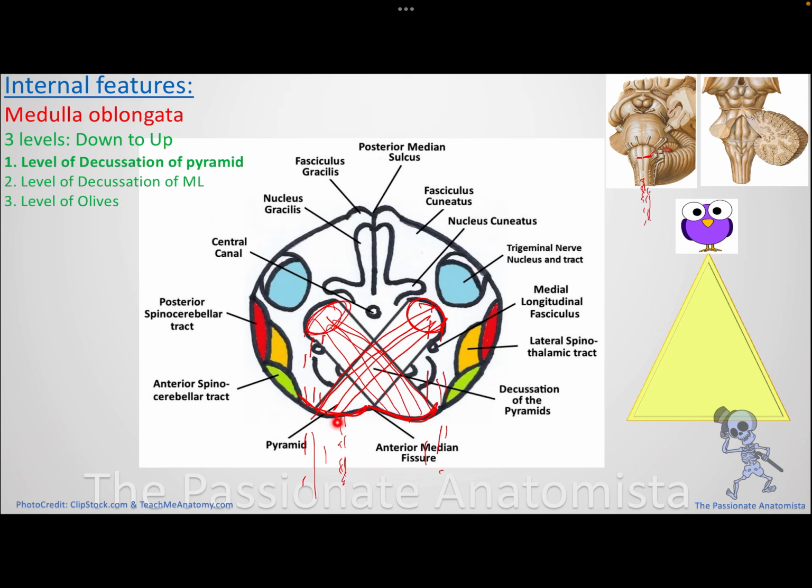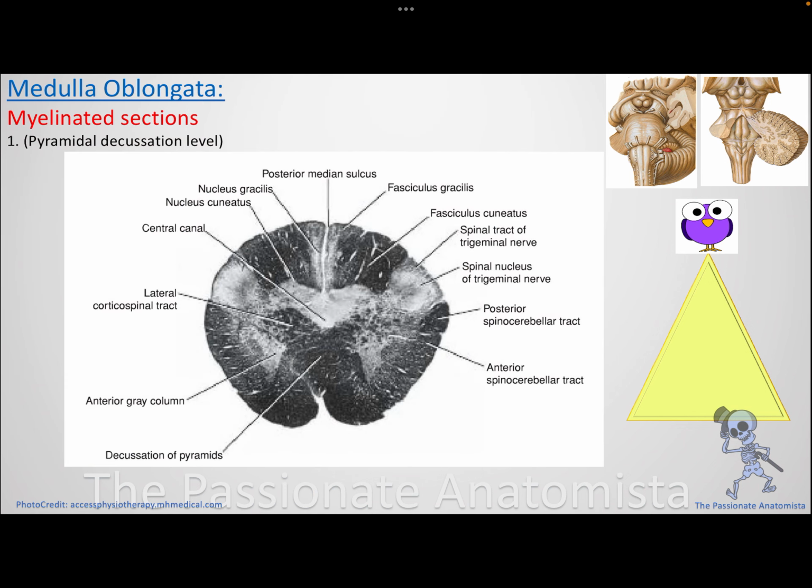Here, the pyramidal tracts that are bulging outside, they will decussate to give me the lateral corticospinal tracts. All right. And then the pyramidal decussation, it depends on which faculty you are in, which area in the whole world.